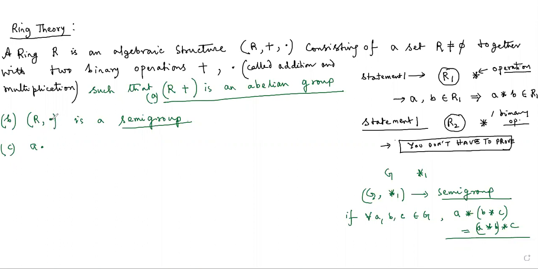In property 2, we are concerned only about the operation of multiplication. Here we are combining addition and multiplication together, which we write as A dot B plus A dot C. And this property, you very well know, is called the distributive property.